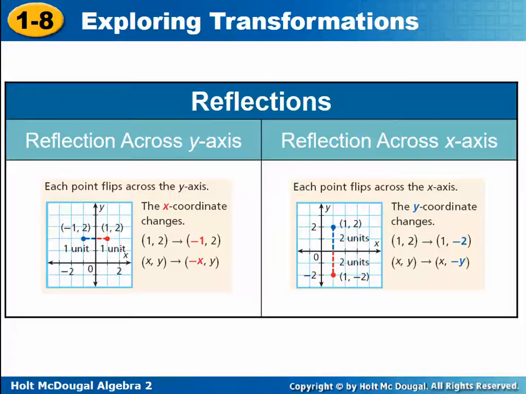When you have a reflection across the y-axis, the x-coordinate changes. So if you started out with -1 and you reflected about the y-axis, now it's going to be +1. So when you reflect about the y-axis, the x-coordinate has the opposite sign.